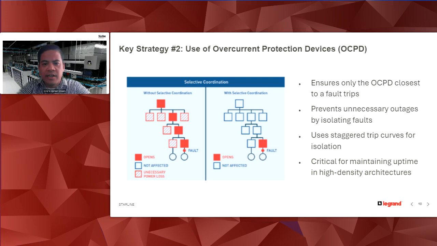And so the reason why we're bringing this up is that in these kind of high dense power infrastructures, really selective coordination will help you increase your uptime and obviously minimize your downtime. So selective coordination, I think, is something we need to pay attention to. And then going back to Brian's point, the coordination, like even for a maintenance mode, you have to balance it, right?